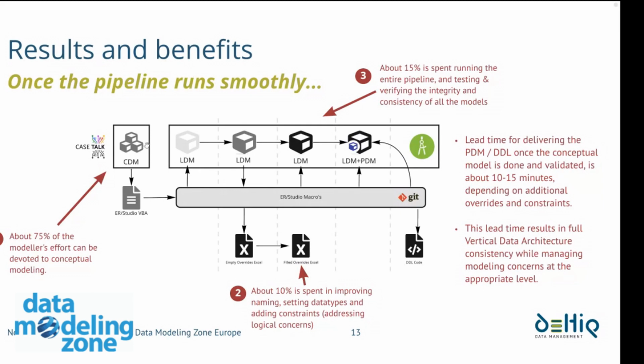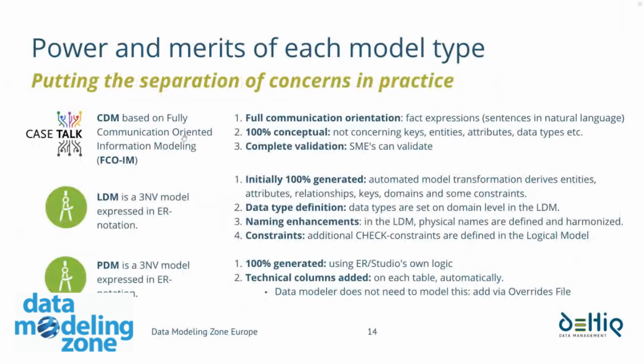And it also allows us, using this pipeline, to address the concerns at the appropriate level. So to elaborate on that a little bit, we often talk about separations of concerns, which also apply within data modeling. We have conceptual concerns like semantics, mostly logical concerns, and physical concerns.